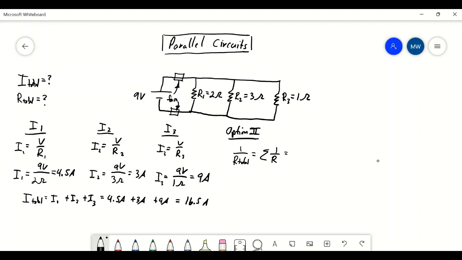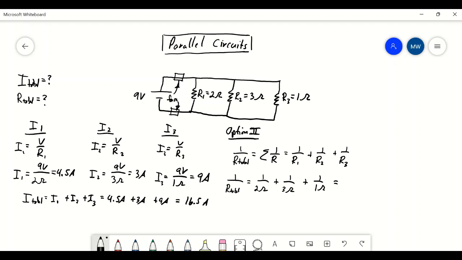And so what we would do for this one is this would be 1 over R1 plus 1 over R2 plus 1 over R3. So to get our total resistance this way, we don't need the current, we can use all the resistors that are there, but it will be 1 over 2 ohms plus 1 over 3 ohms plus 1 over 1 ohm.